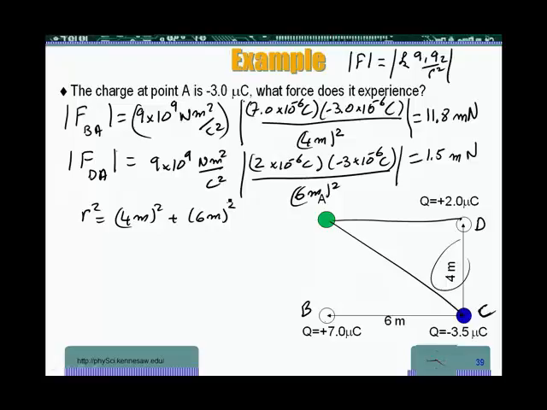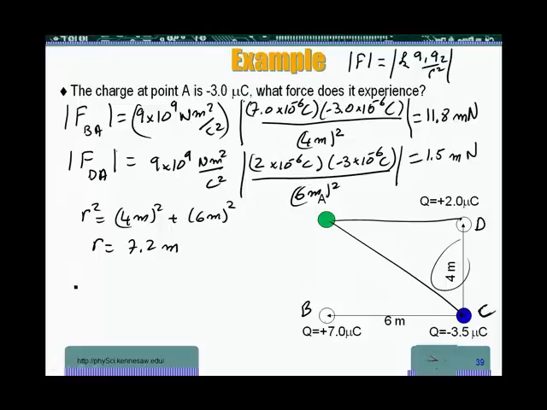So we need to find square root of 52, which is 7.2 meters. So R is 7.2 meters. Actually, we didn't need to take the square root because we are trying to find r squared anyway.